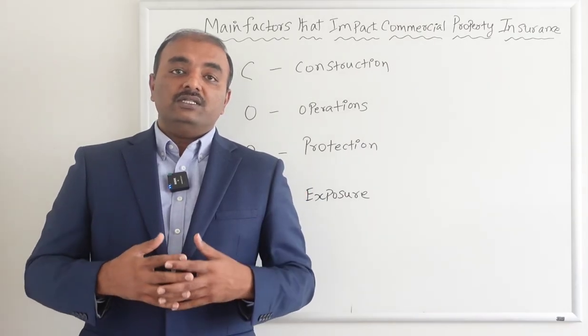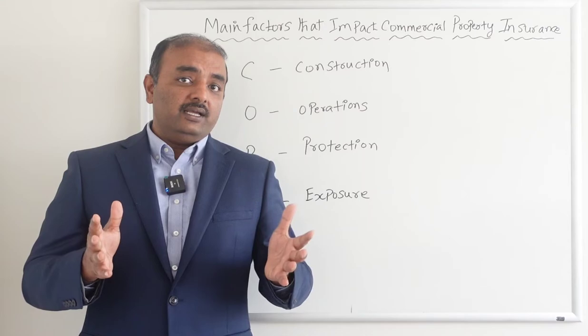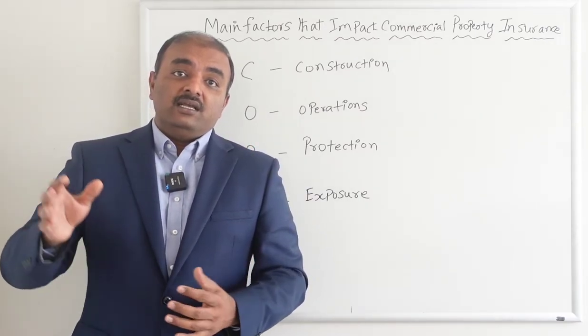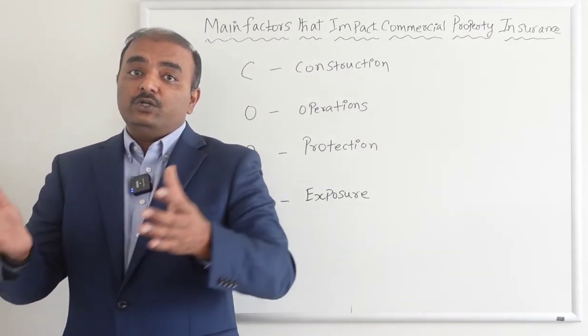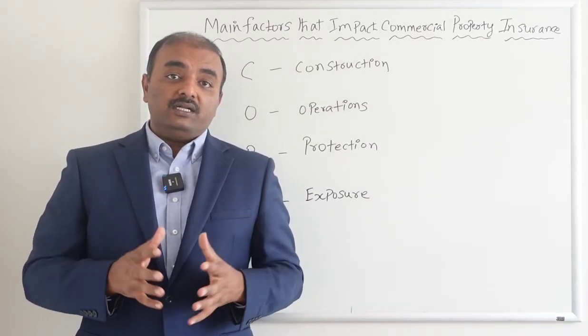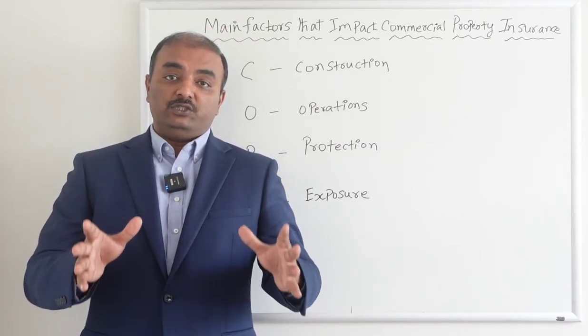So what is your kind of exposure? Sometimes you may not have a high risk exposure in your building, but your adjacent building may produce some kind of chemicals. If that building catches fire, then it can easily spread to your building. So those external factors, exposures, are very important in calculating the premium for commercial property insurance.